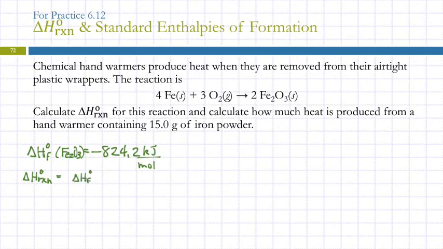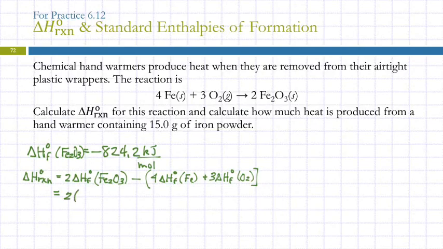It's the heat of formation for the Fe2O3 times 2, because there's a coefficient of 2, minus all of the reactants, 4 times the heat of formation for iron, which is 0, and 3 times the heat of formation for oxygen, which is also 0. So it ends up being 2 times the heat of formation for the Fe2O3.